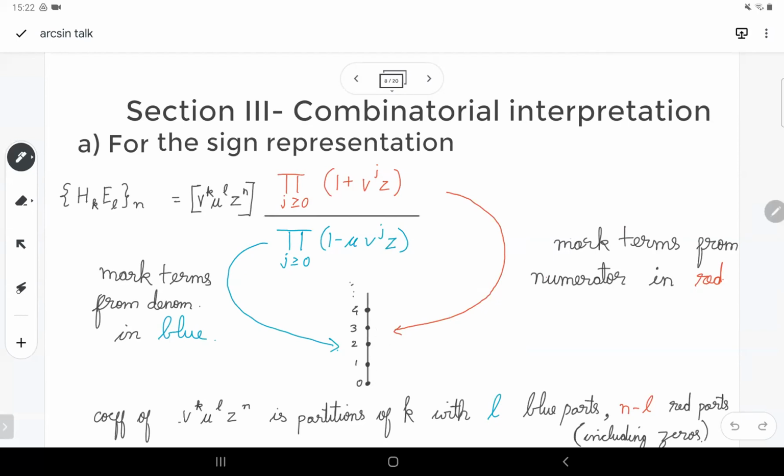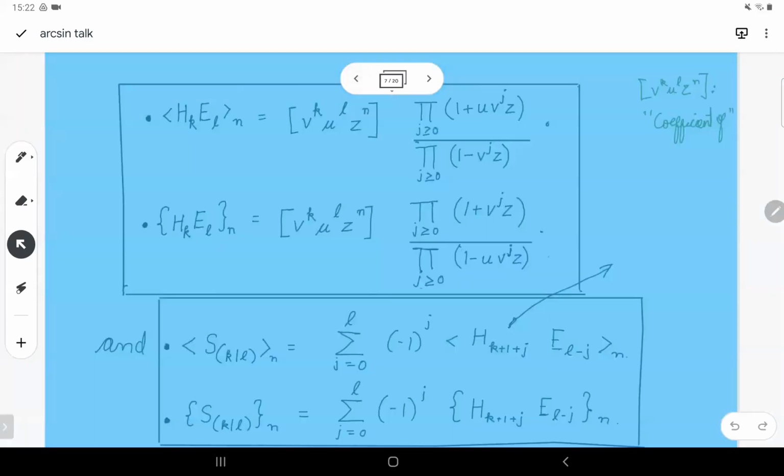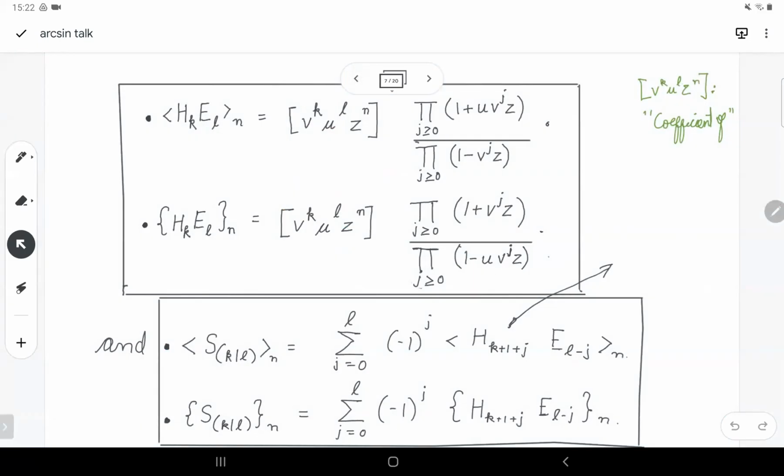Just to slow you down, Sridhar, this question is mainly to slow you down, not too much. For example, I could ask for how many copies of the standard are there? By standard, I don't mean the defining. I meant the irreducible in the defining.